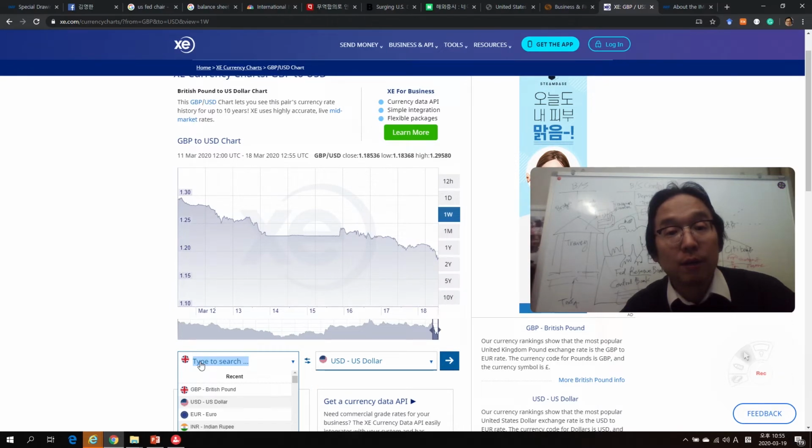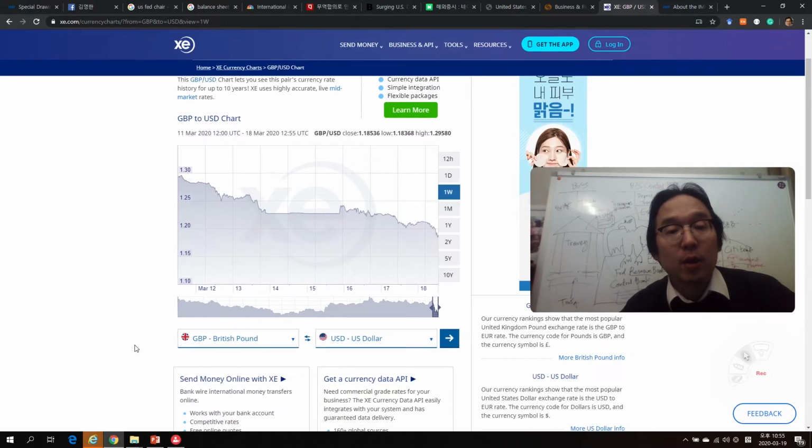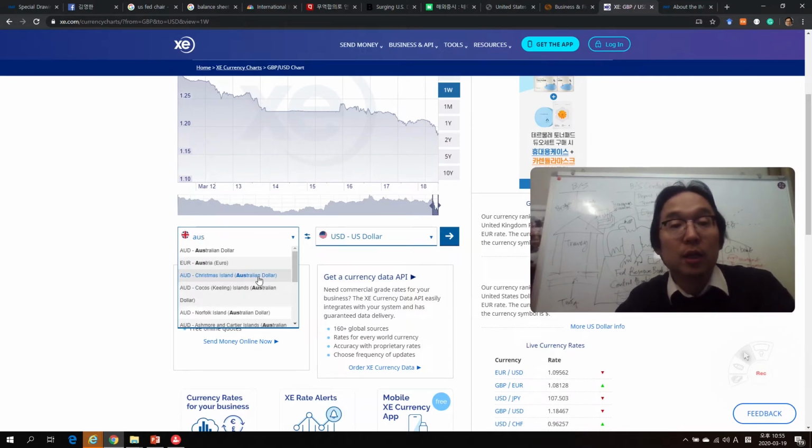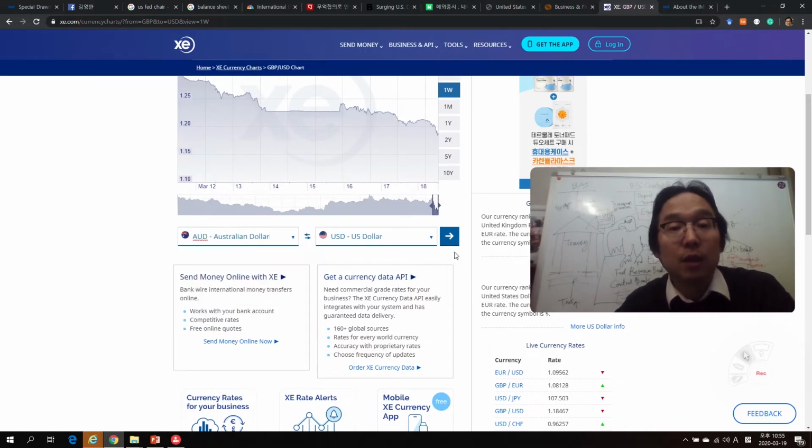So what do we see? One British pound is nowadays about 1.15 US dollars, right? And what about Australian dollars? Let's see.